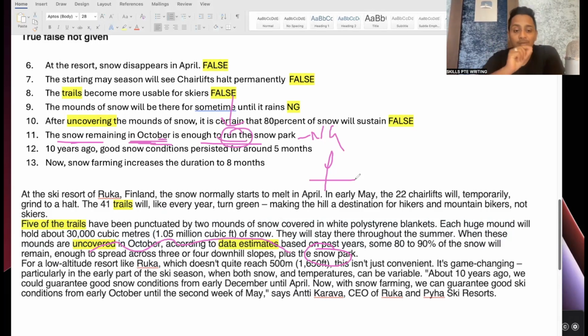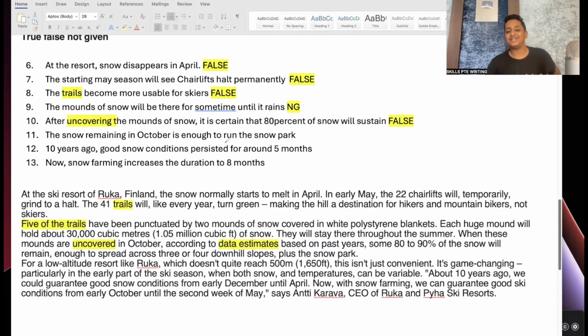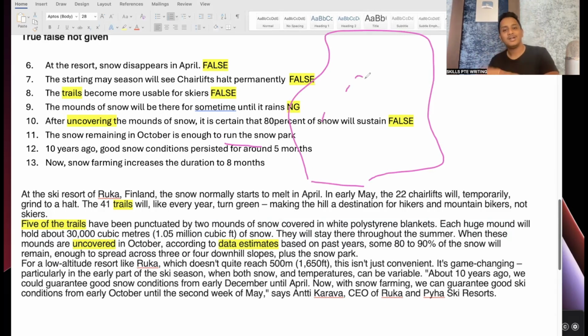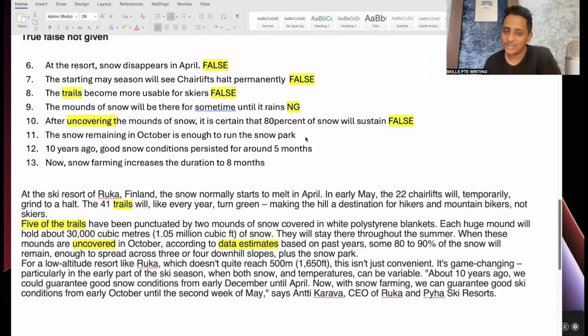It is enough to spread the snow park, but to run it or not, information is missing. You can only spread the snow park. There's a snow park, no snow, you take the snow and put it there, you can spread it. But because of which can you really run the snow park or not, we have no information about it. So this is going to be again not given. Little tricky. You can only spread it, but to run it or not, we don't know.